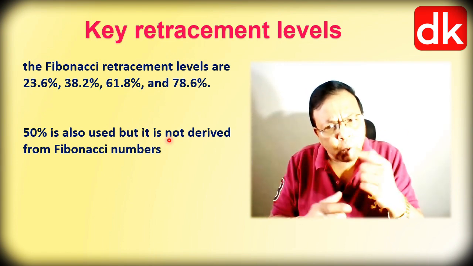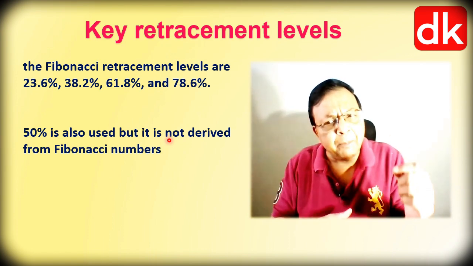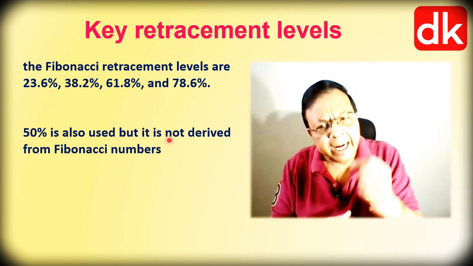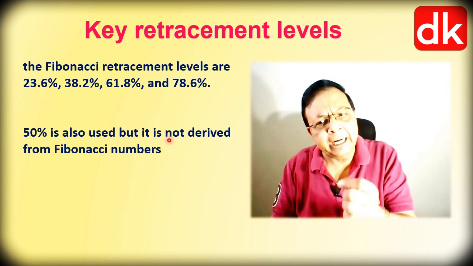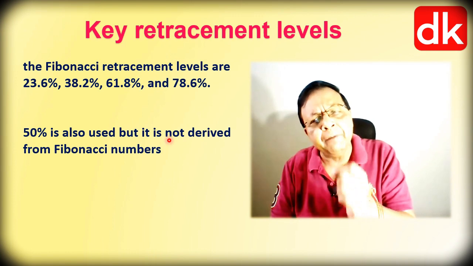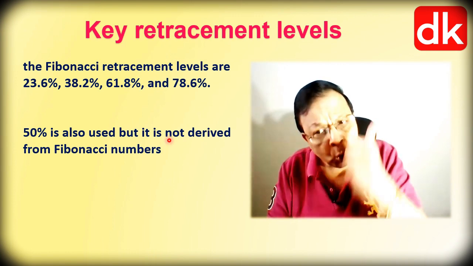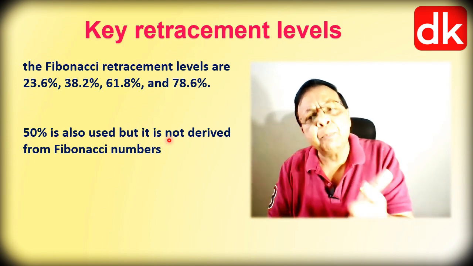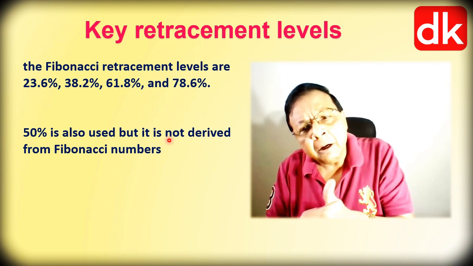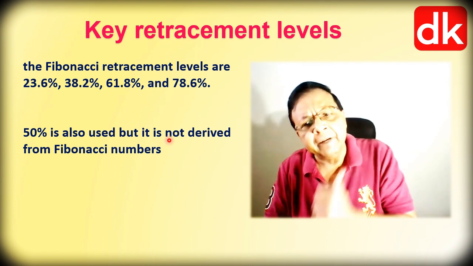So in order to incorporate all those possible levels, we take the help of the retracement tool, and hence 38.2%, 50%, 61.8% become very important, out of which 61.8% is the golden ratio and 38.2% is the first derivative of the golden ratio, and both are key.